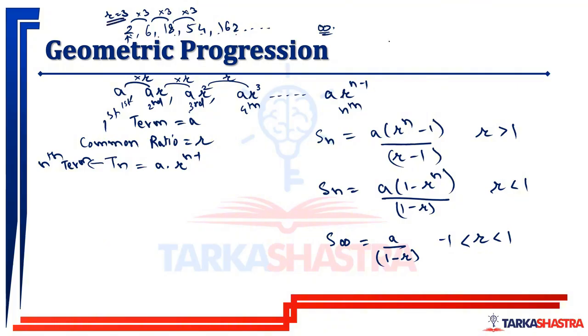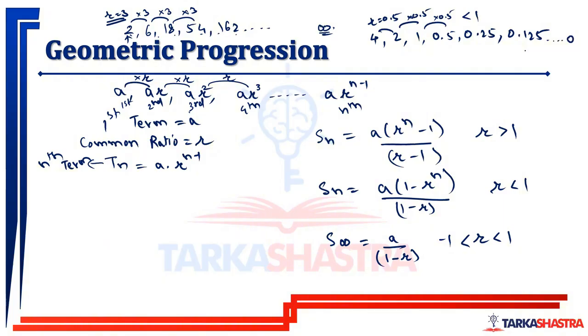But when your common ratio is, let us say, 1 by 2, for example, your first term is 4, then the second term is 2, next term is 1, next term is 0.5, next term is 0.25, next term is 0.125. What is happening? Your common ratio is 0.5, and you are multiplying by 0.5 or 1 by 2. Your r is less than 1, and as r is less than 1, this value is approaching 0.